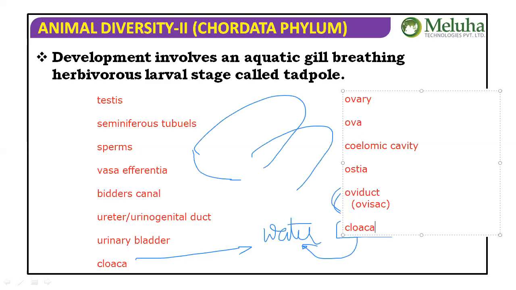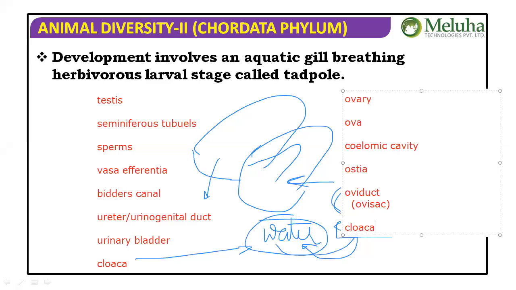In the starting I said our amplexary parts are present in the male frog. These amplexary parts press the abdomen of the female frog. The male releases the sperms into the water, and by pressing the abdomen of the female, the ova stored in the ovisac enter the cloaca and then reach the water.